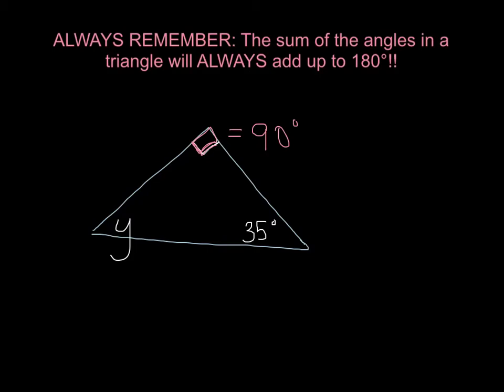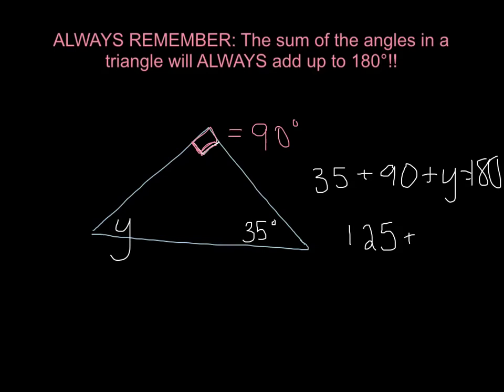So we can go ahead and set up our equation like before. We're going to do 35 plus 90 plus y equals 180. And we're going to go ahead and add up the 90 and 35 first, since they are like terms, and we have 125 plus y equals 180.